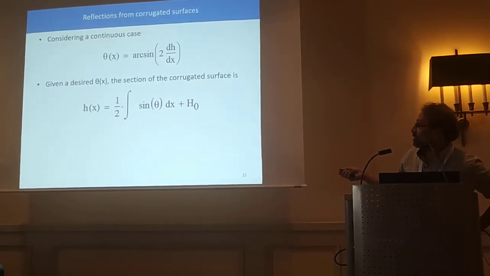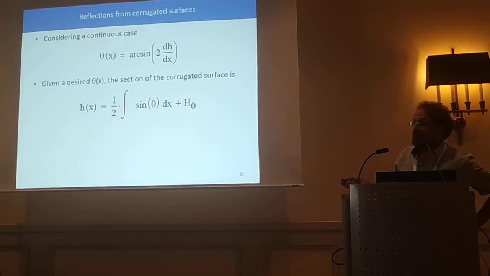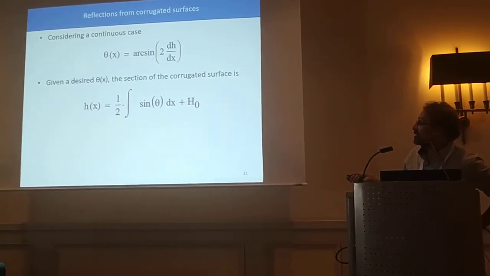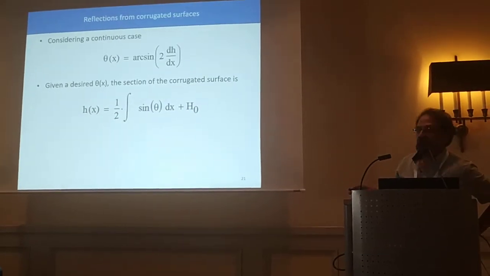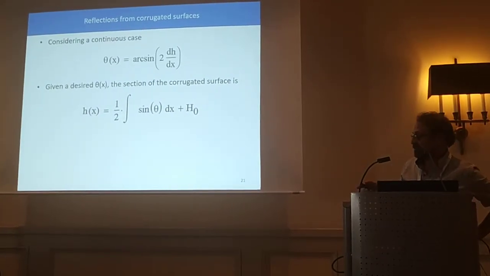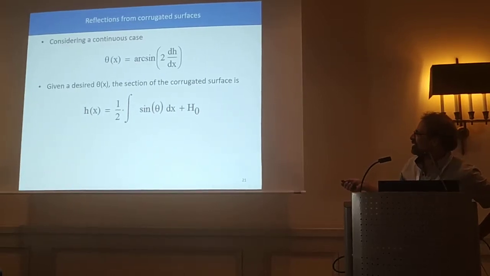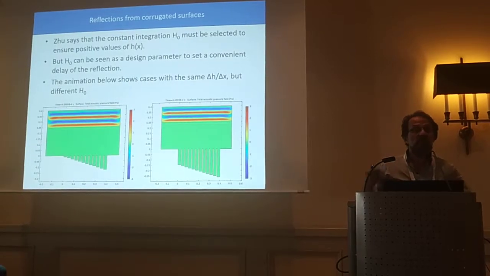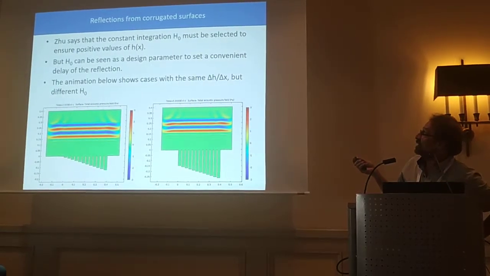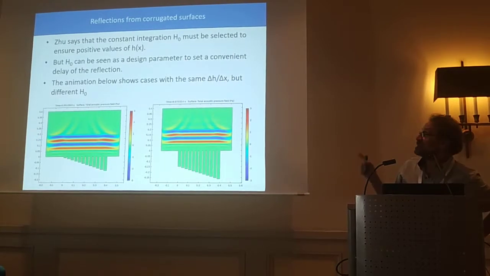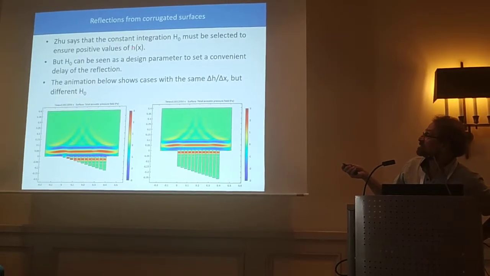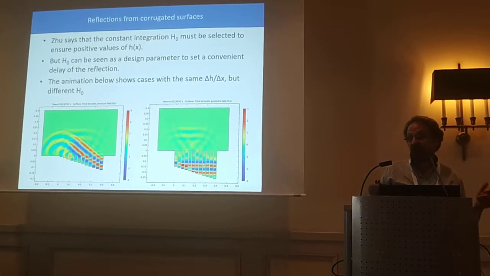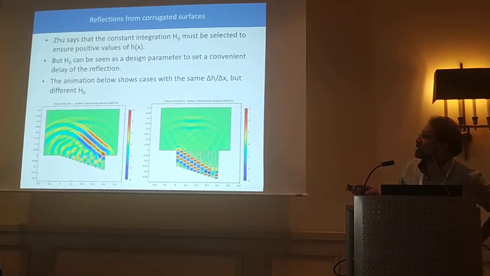If you know the emitting angle decided as a function of x, obtaining this integral can derive the section of the profile, where the constant of integration, Su in his work mentioned, must be selected to ensure that Hx, the profile, must not always be positive from a logical point of view.